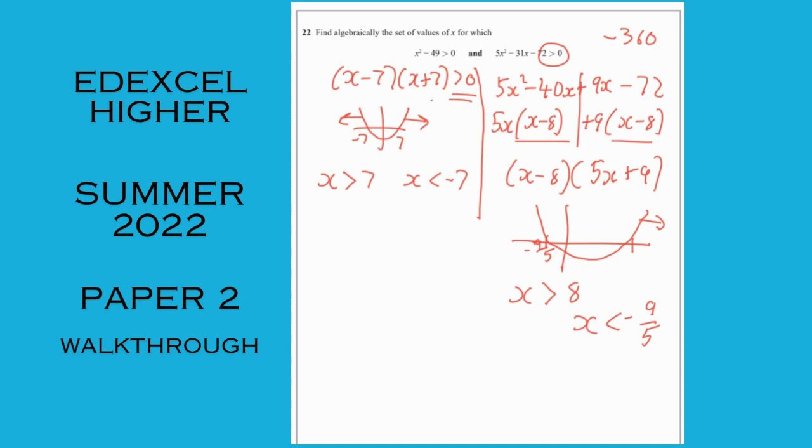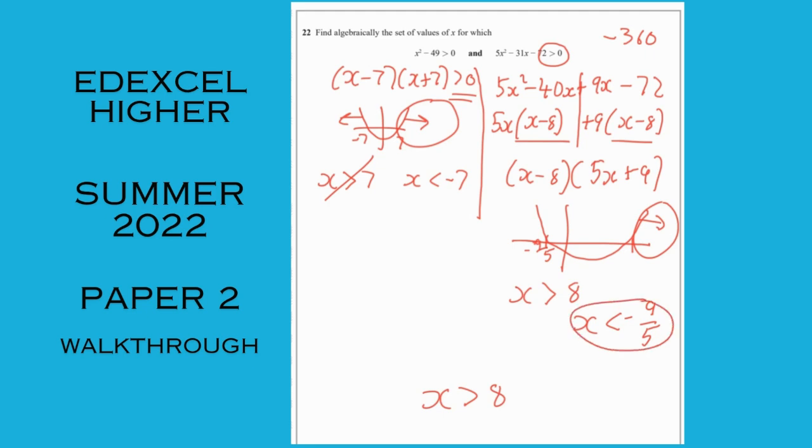We need to be above 7 and above 8. And the only way that's possible, because we don't want 7.5, is reject the greater than 7 and accept the greater than 8.